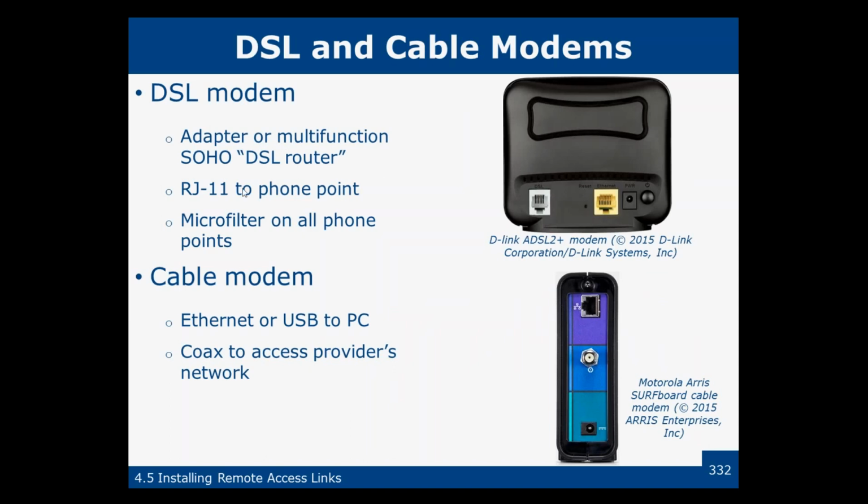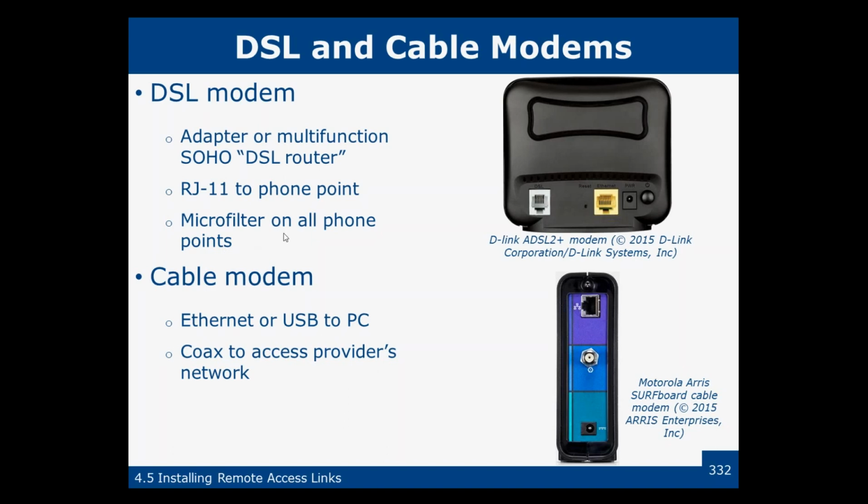A DSL modem, very similar to a cable modem. These two are here on the same page. A multifunction DSL router. Sometimes they're put together as are cable modems. A lot of cable modems now are combined with the router so that you just have one device on your network. RJ11 phone line.